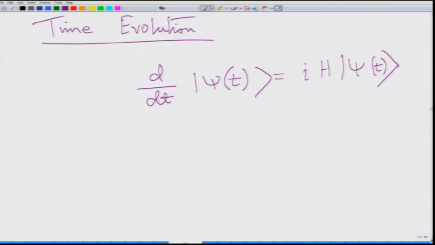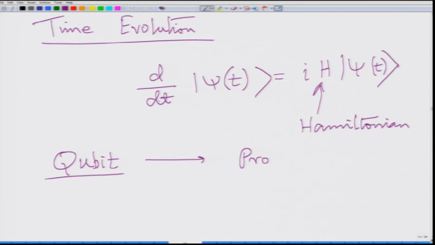Now, the question is, when we go from here to multiple qubits, what is going to happen? We will be looking at all of these issues, where h is the Hamiltonian. You know all of this because we have done this before. One of the most important things we did about a qubit is that anything we do with it will give rise to a probabilistic measure, whereas this linear equation has nothing probabilistic in it.